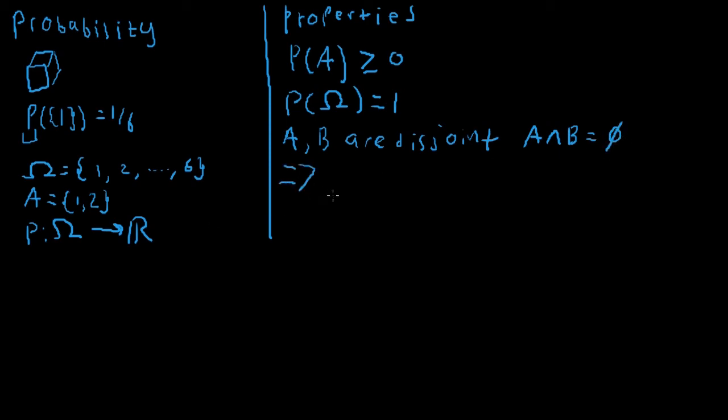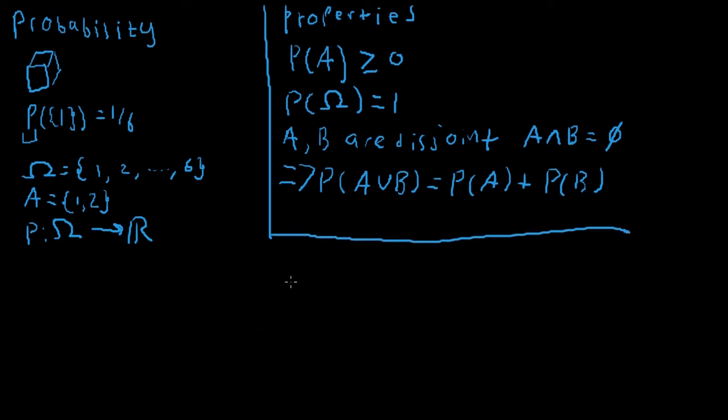Then this implies that the probability of A union B is equal to the probability of A plus the probability of B. Graphically, if this is omega, and this is A over here, and this is B over here, and they don't overlap, then the area of this and this is just the sum of the areas.